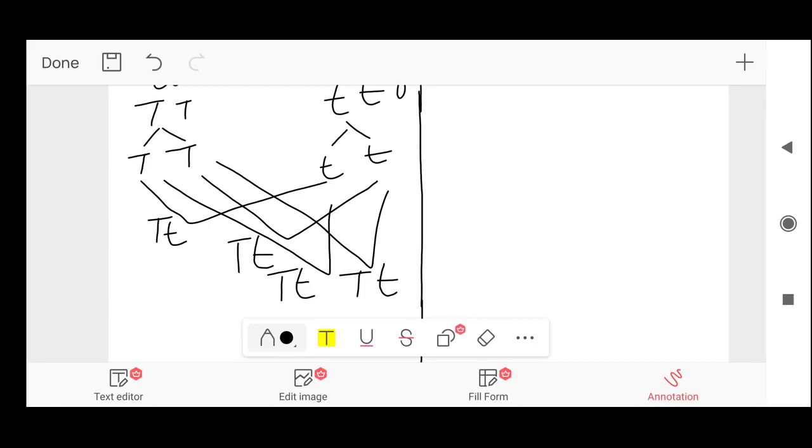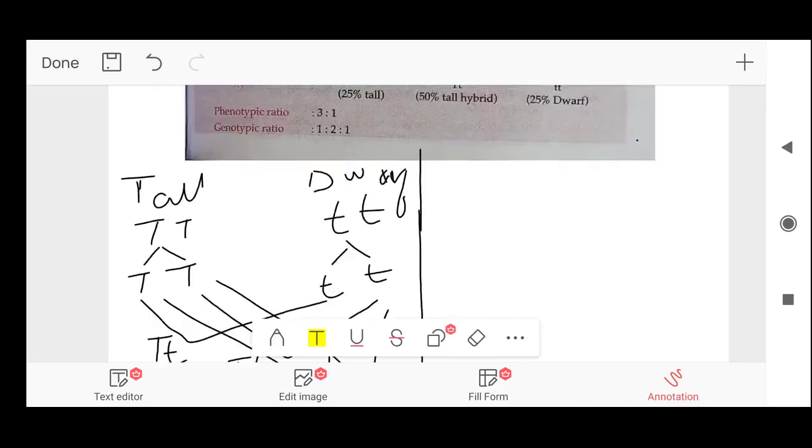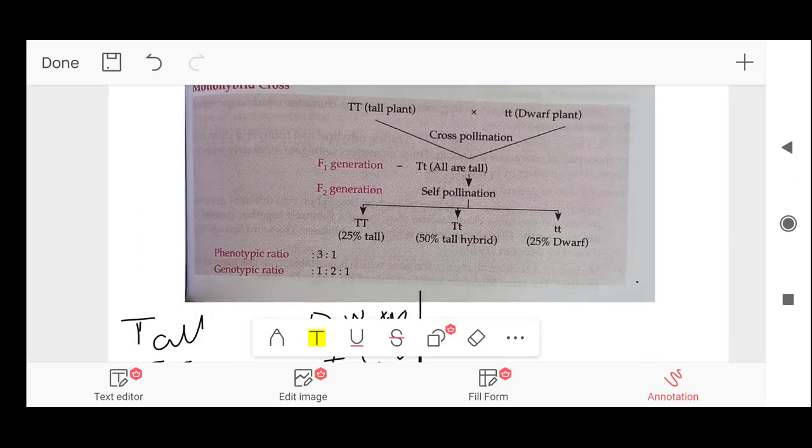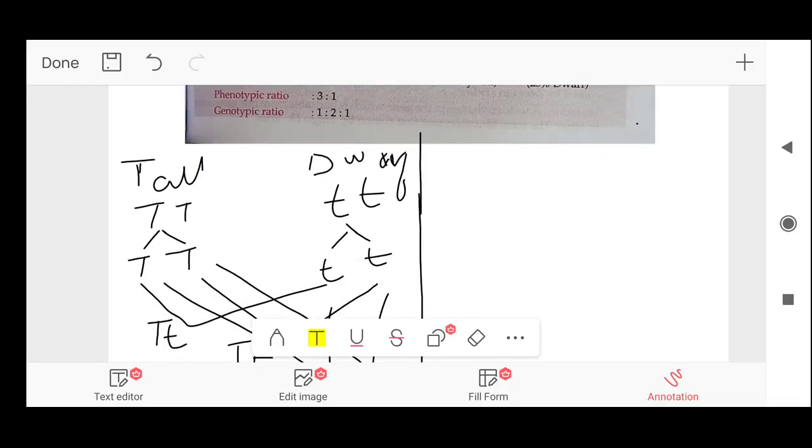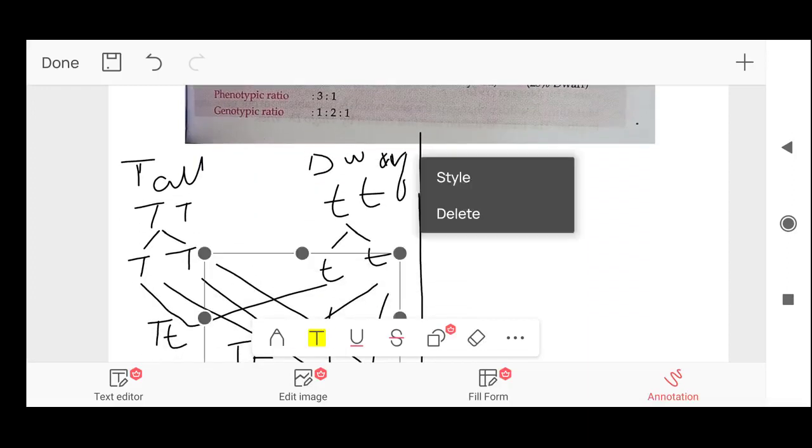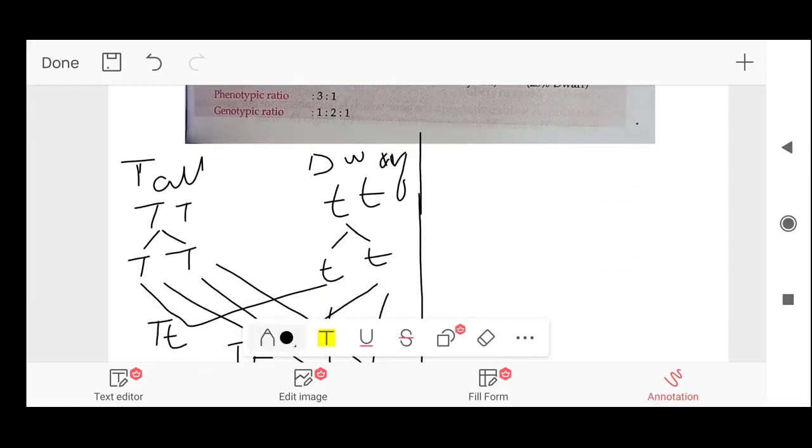Now in the second generation, what he did was self-pollination of the first generation plants. He took the resultant F1 generation plant, capital T small t, and did pollination.